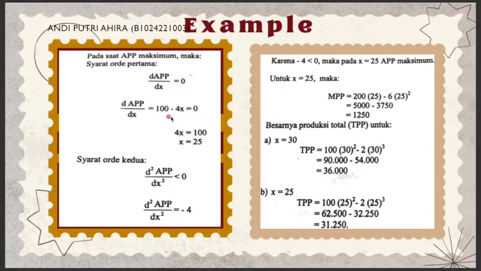After that, we are going to simplify it so that we can find x. So we move the minus 4x to the left, so it will be 4x equals 100, x equals 25.